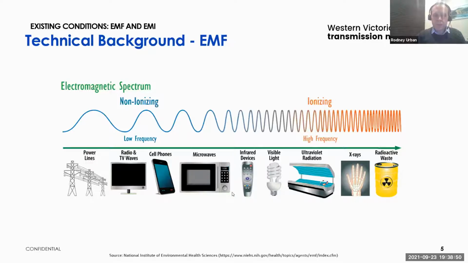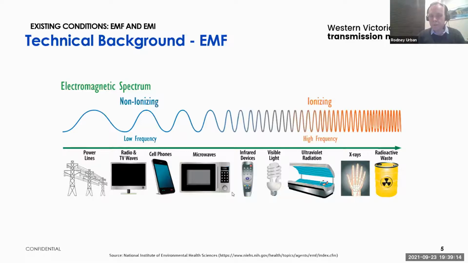Those field emissions are non-ionizing. So what that means is that the energy within those fields is not enough to displace or break out electrons from atoms and molecules. When you get beyond visible light, which is in the very high frequency range, then you start to get ionizing fields.